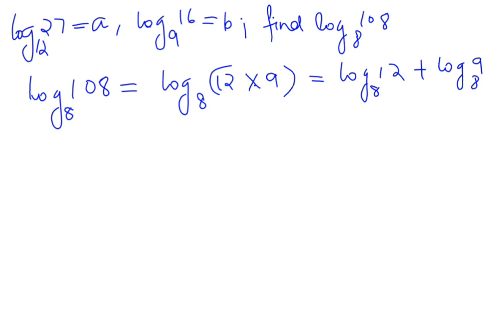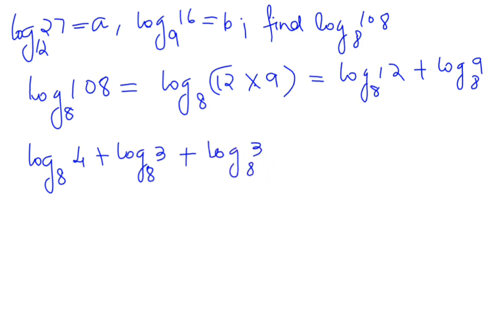Log 12 can be written as 4 multiplied by 3. So we have log 4 to the base 8 plus log 3 to the base 8 plus, instead of 9 I can write log 3 to the base 8, but I will put a 2 over here because this was in the index.